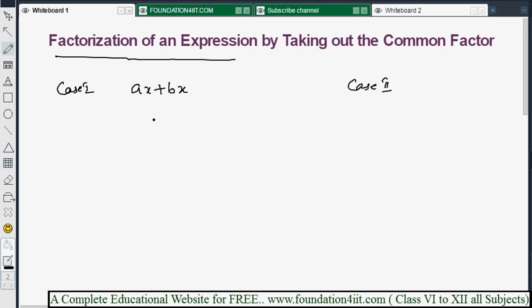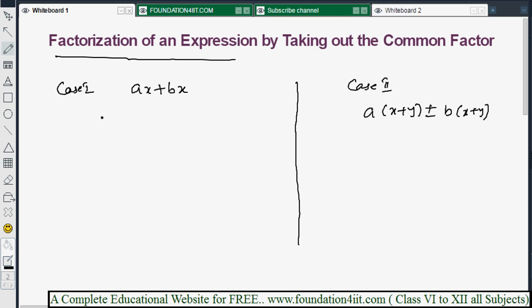Now case 2: a polynomial is a common multiplier of each term of the given expression, for example a of (x plus y) plus or minus b of (x plus y). Here the common factor is a polynomial. Now in both cases, we'll see how to solve, one by one.